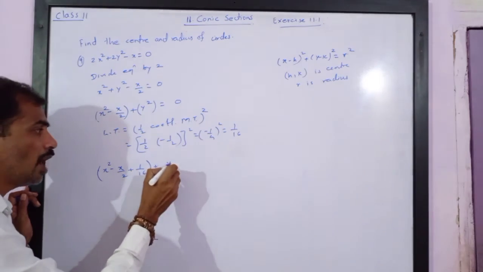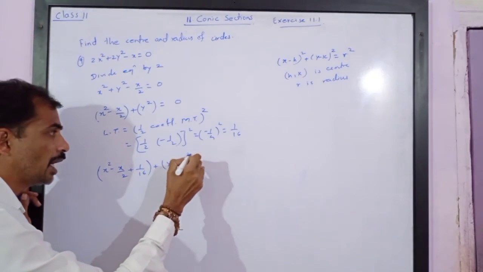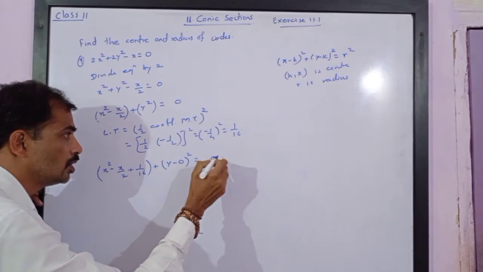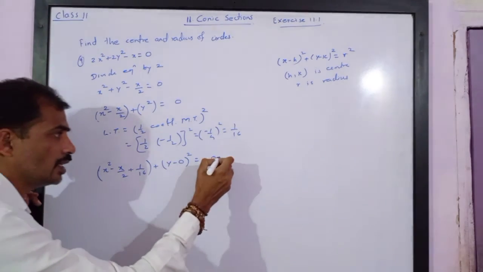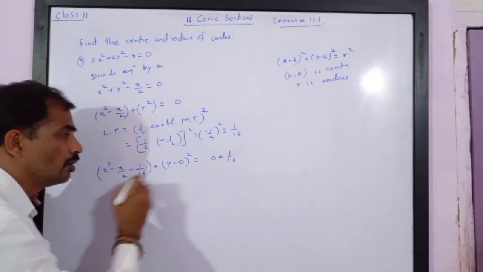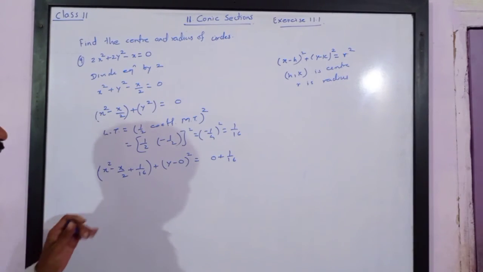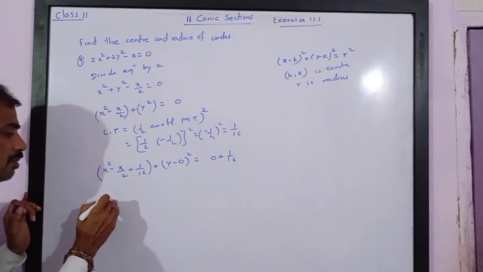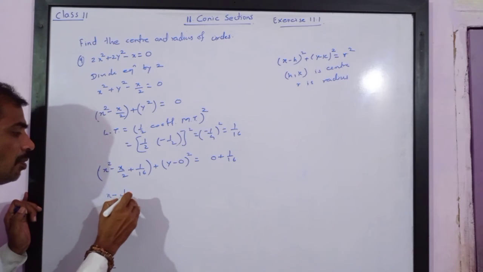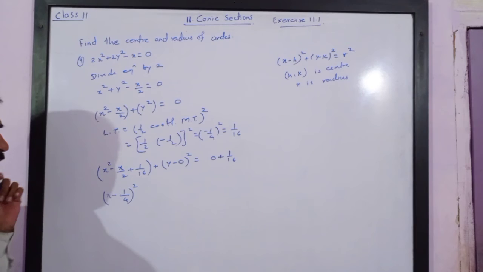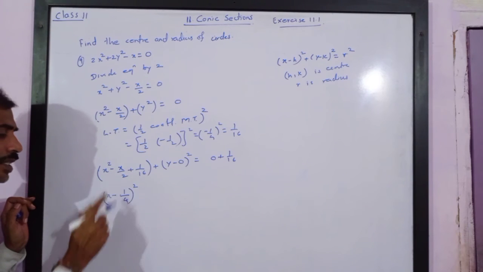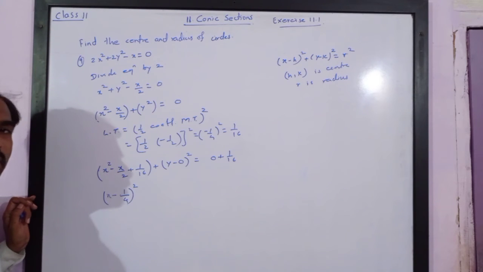plus y minus no number bracket square is equal to 0. Now I have added 1 upon 16 to the left hand side. I need to add the same number to the right hand side in order to maintain the equality of the equation. So this becomes (x minus 1 upon 4) bracket square. Now see, if you expand this, we will get the same expansion.